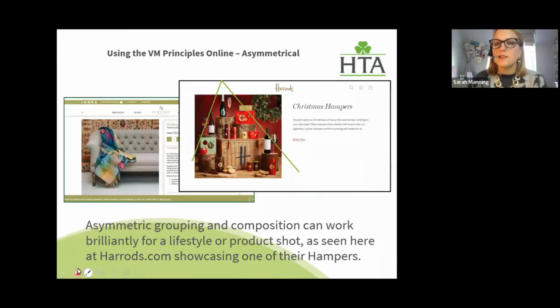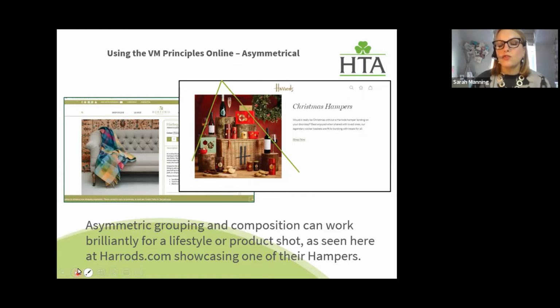We're next going to look at our asymmetrical. Asymmetric, as we know from some of our other classes, is more of a dressing principle that we will tend to only use in inspirational areas. So typically you see it in windows or display cases, or if you're creating more of a display area in store.